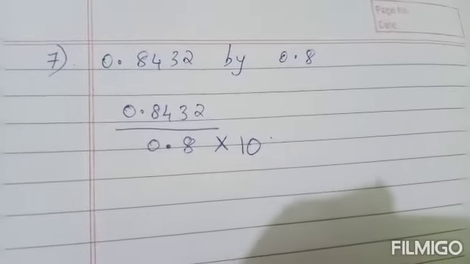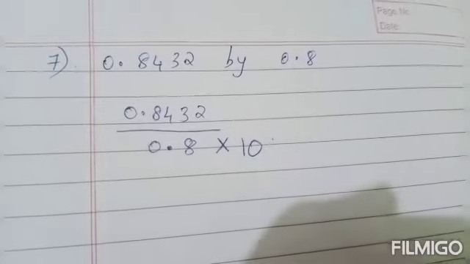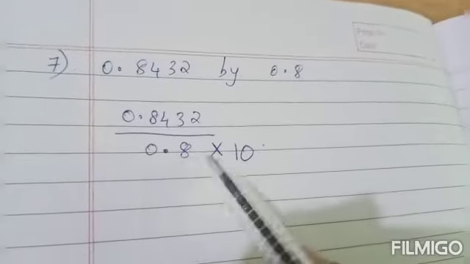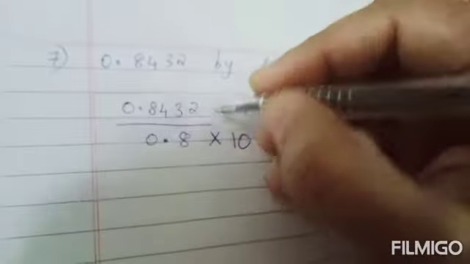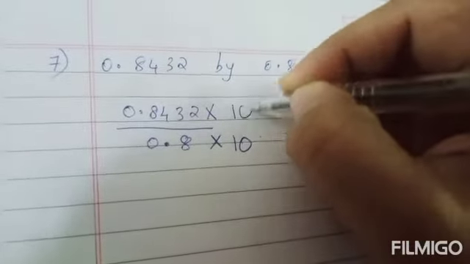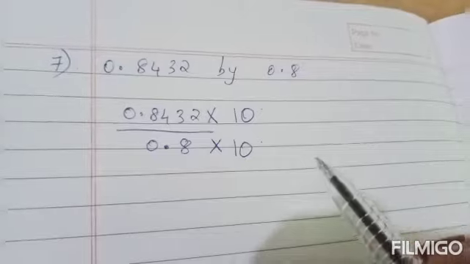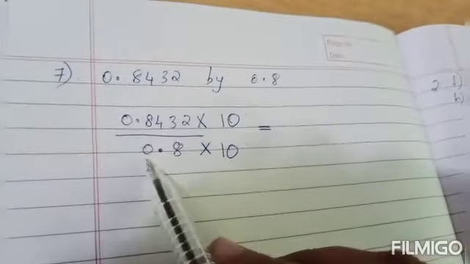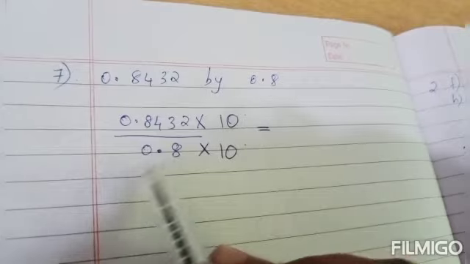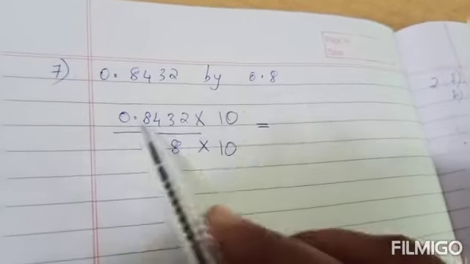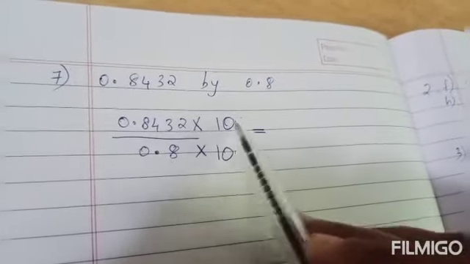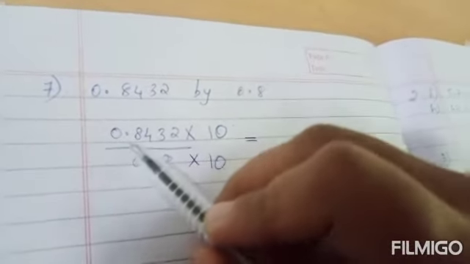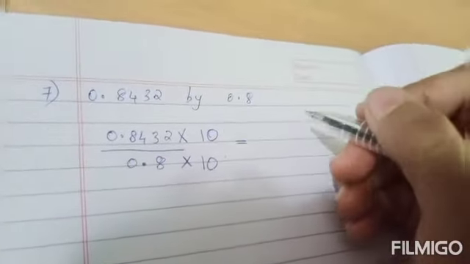If three digits are coming, multiply by 1000, etc. If you are multiplying the denominator by 10, then the numerator also you should multiply by the same number, 10. Now 0.8432 into 10, what will you get?